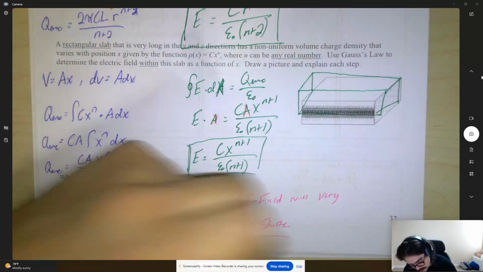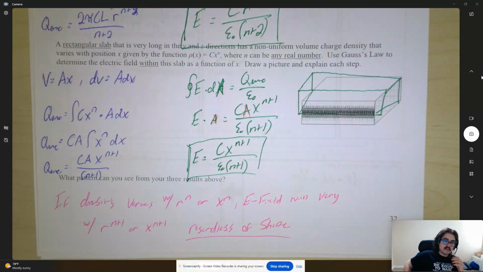This is one way that you can self-check yourself: recognize that if the density is r to the n or x to the n, the E field will vary with r to the n plus 1 or x to the n plus 1, doesn't matter what shape it is. So if you end up getting something that matches that, then you know you're probably on the right track. If you get something that doesn't really match that, then maybe not so much.